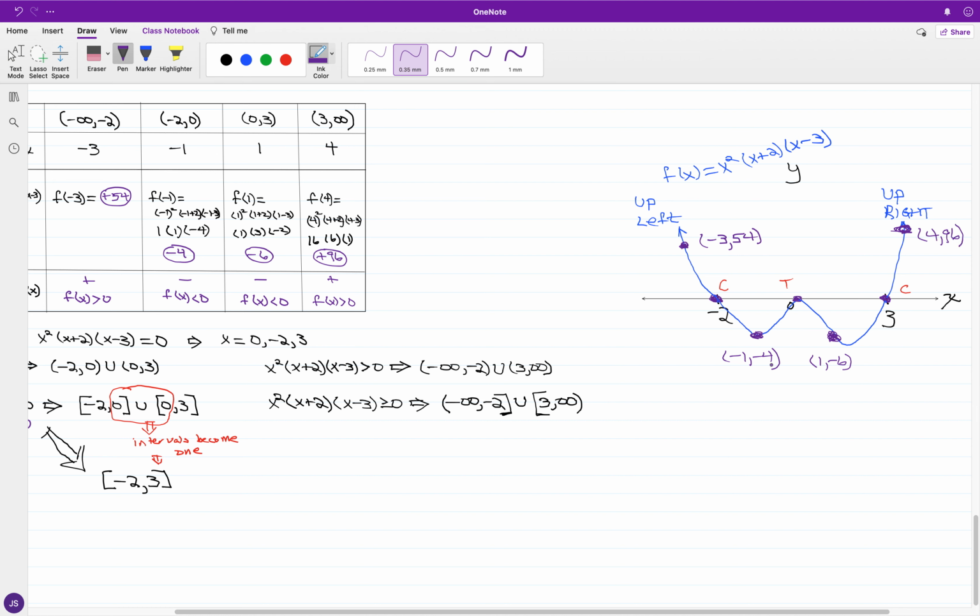So (4, 96), (1, -6), (-1, -4), and (-3, 54) will be among the four points, and it does lock in consistently with where we have crossing and touching the x-axis for the corresponding zeros, as well as the dynamics that play out in terms of the end behavior of the graph of this function.